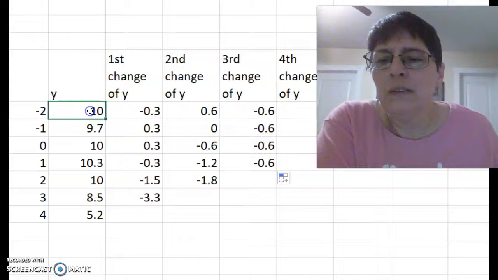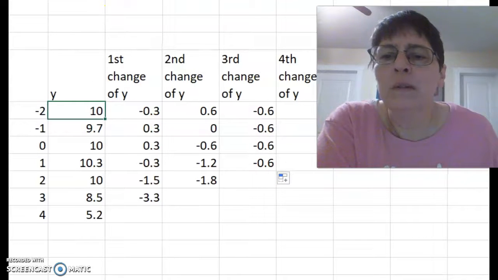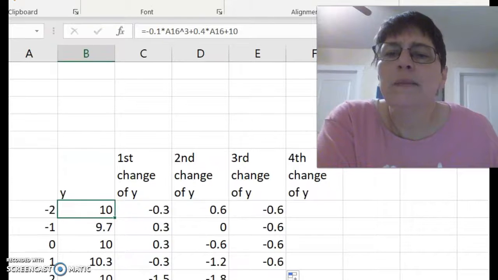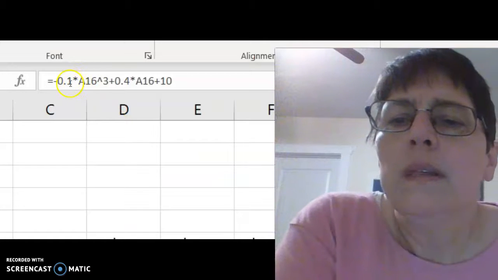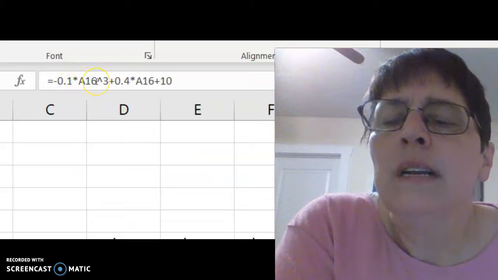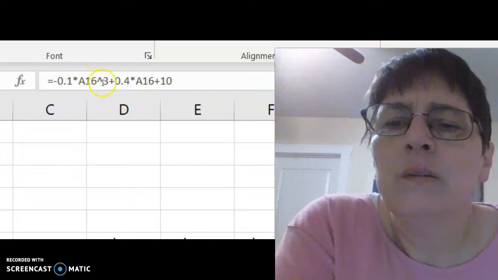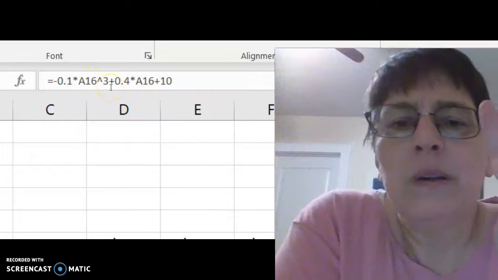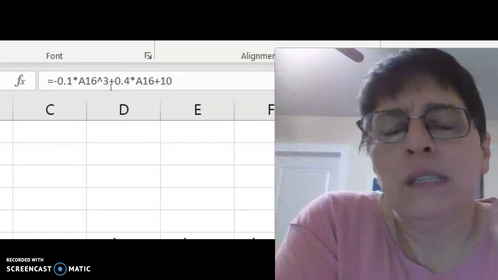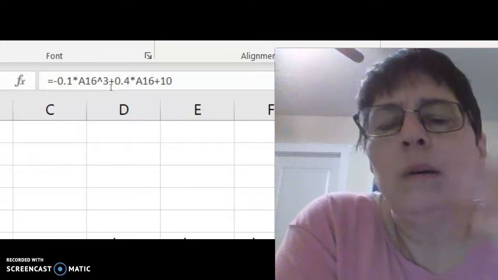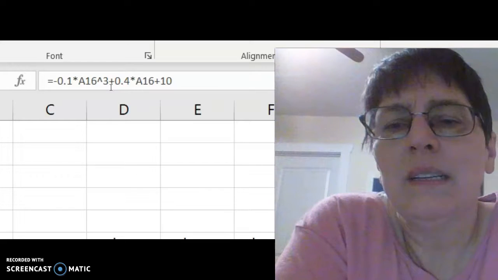And sure enough, the function here, move up and pause. Okay, the number here is like x raised to the third power. So we had to find 3 differences to recognize this is a third power of 3.